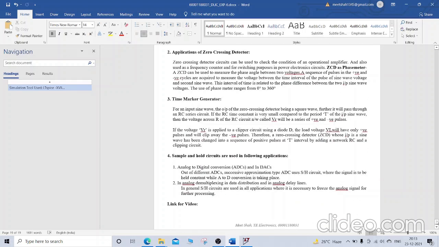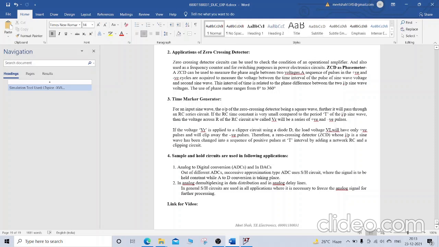Time marker generator. For an input sine wave, the output of the zero crossing detector is a square wave, which further passes through an RC series circuit. If the RC time constant is very small compared to the time period T of the input sine wave, the voltage across R of the RC circuit, called VR, will be a series of positive and negative pulses.